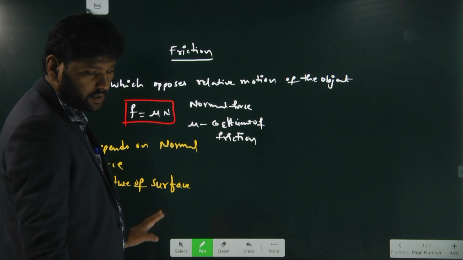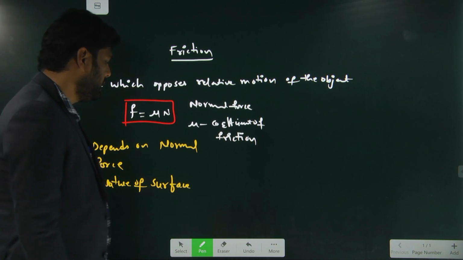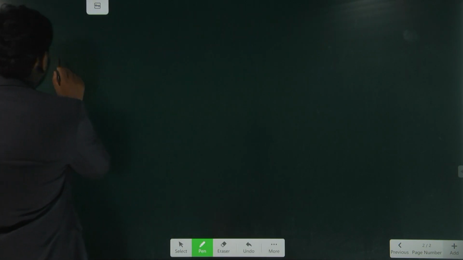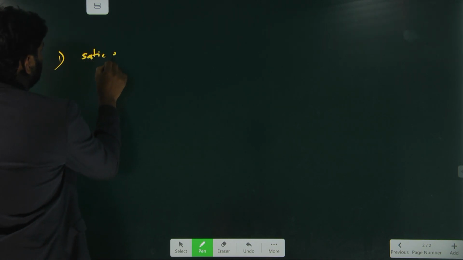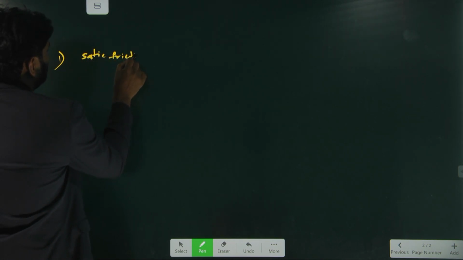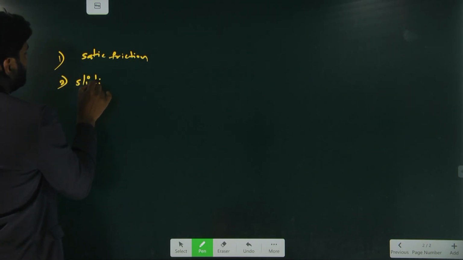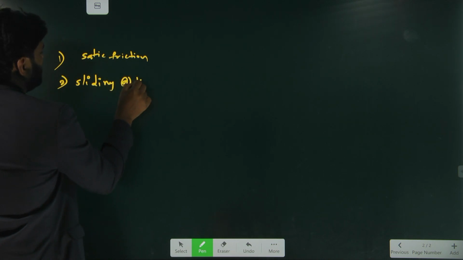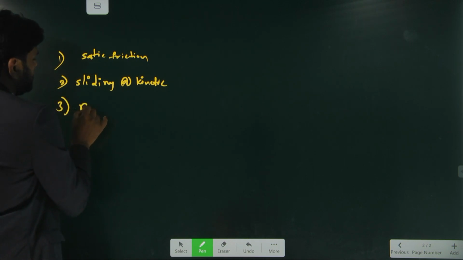On these two bases, the friction force depends. And here we have three types of friction. What are the three types of friction? Static friction. Second one is sliding or kinetic friction. Third one is rolling friction.